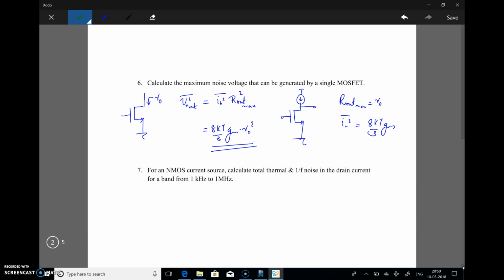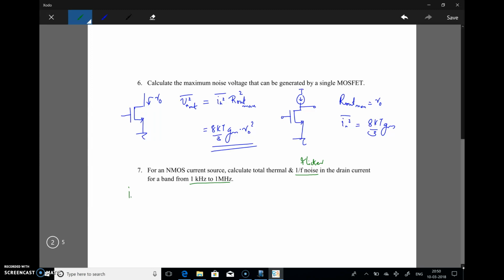Next question. For an NMOS current source, calculate the total thermal and 1 by f noise, where 1 by f noise is your flicker noise, in the drain current for a band from 1K to 1 MHz. So in this band you should find the total current, flicker as well as thermal.